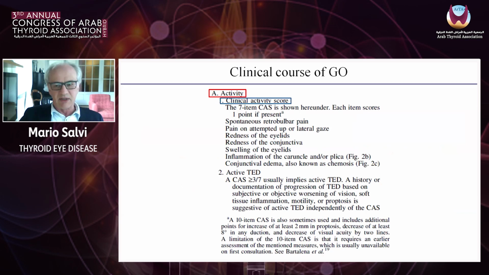To assess activity, a clinical activity score has been proposed by our Dutch colleagues in 1989, and these items can be easily assessed.